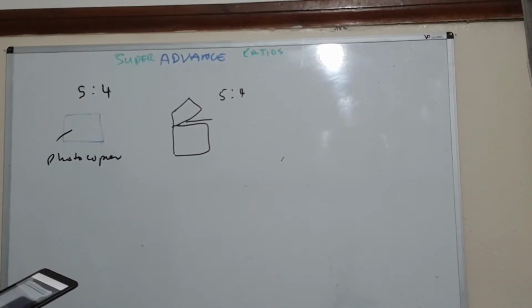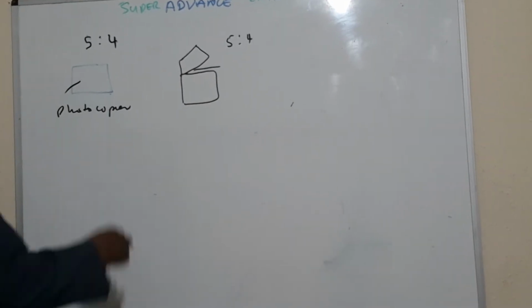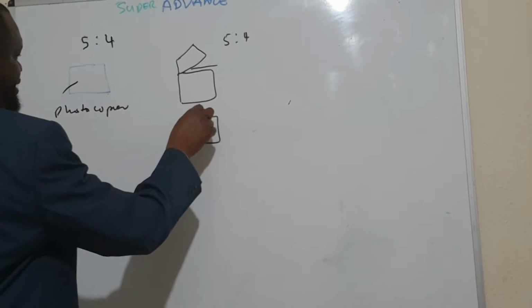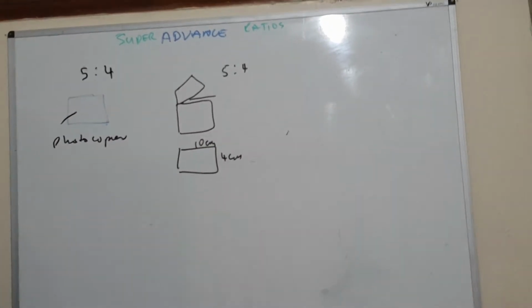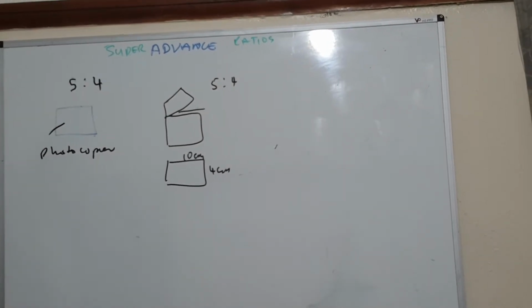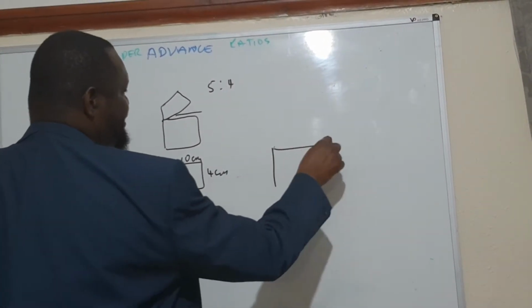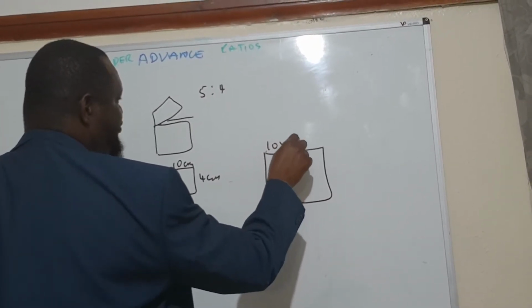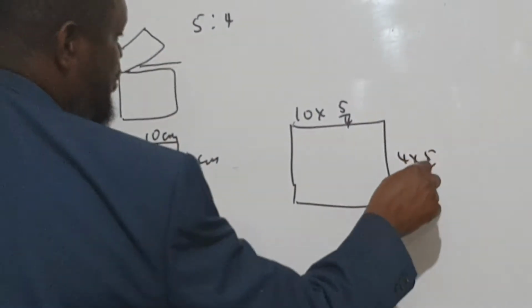What is the size of the enlargement of a photograph that is 10:4? Let's say you put a photograph there, and that is 10 centimeter by 4 centimeter. What will be the image that comes out? The size, this one will be 10 times 5/4, and this one will be 4 times 5/4.